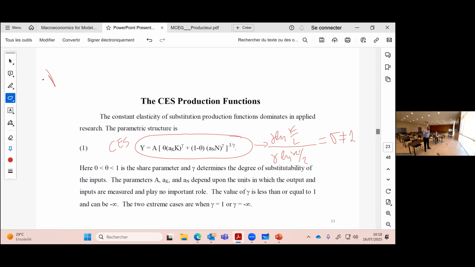This means that when we are using a constant elasticity of substitution, the variation of the ratio of the two volumes, capital and labor, when the ratio of prices varies, there is a variation between the two with a constant value. And this constant is different from 1.